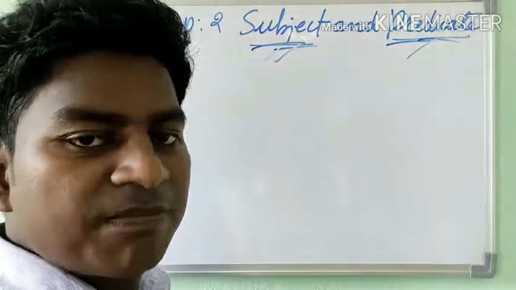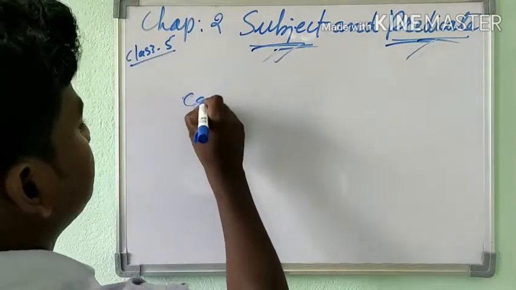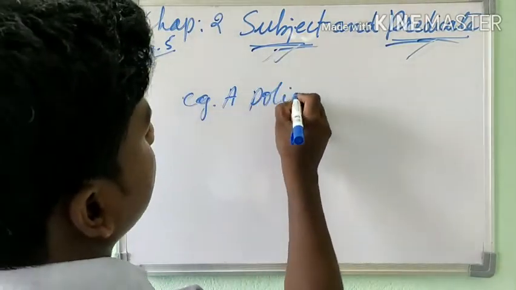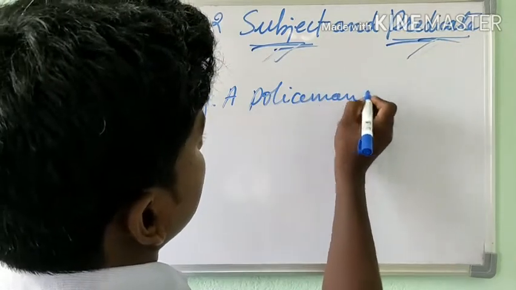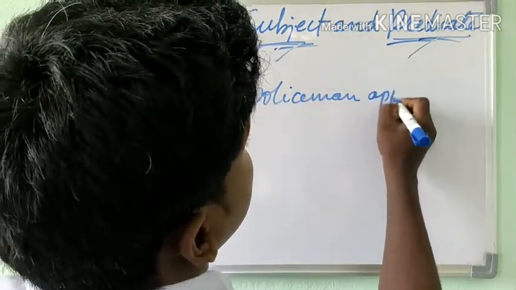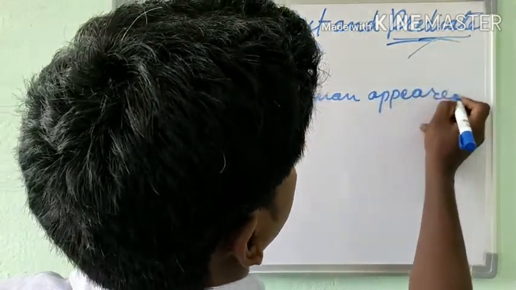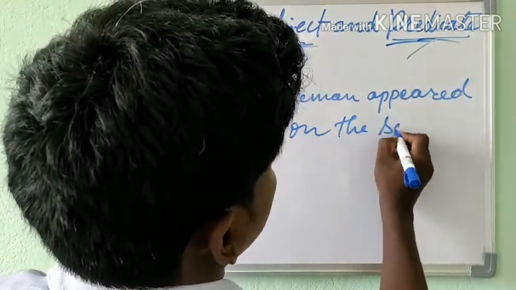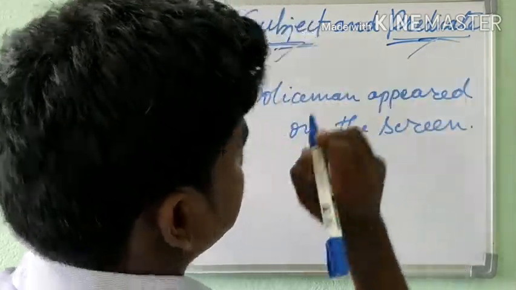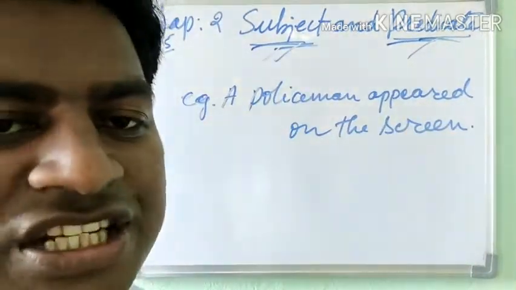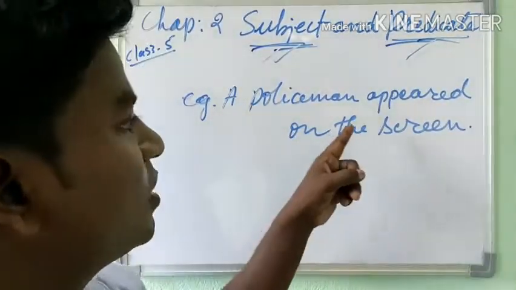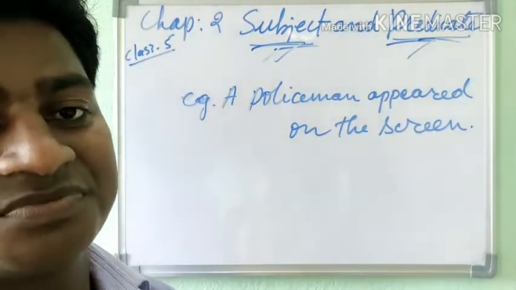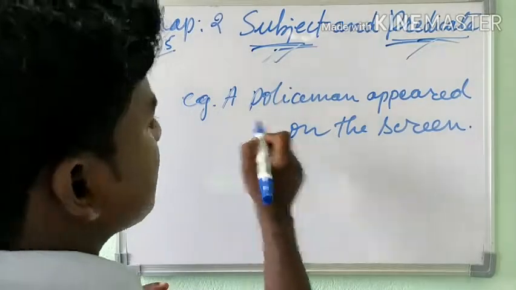So now, for example, we have from the book, a policeman appeared on the screen. Now, this is a sentence.